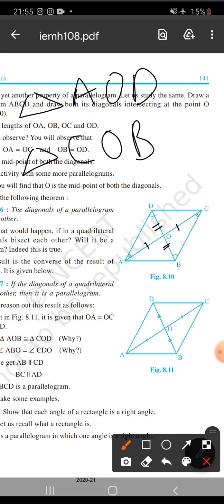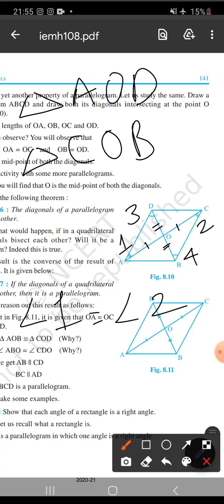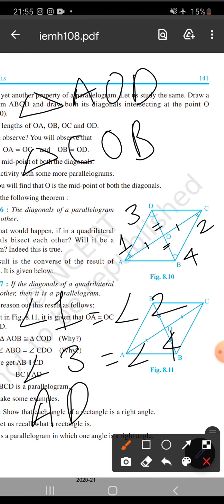we can see angle DAC. Let's name this angle as angle 1, this is angle 2, this is angle 3, and this is angle 4. You can see angle 1 is equal to angle 2. We have proved this earlier. Angle 3 is equal to angle 4, and the side AD is equal to side CB, since this is a parallelogram, opposite sides will be equal.